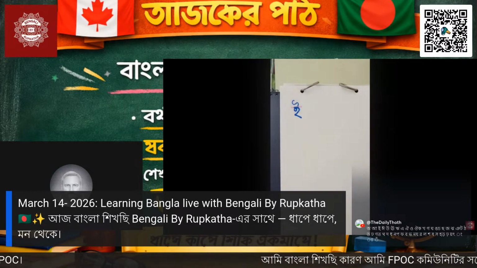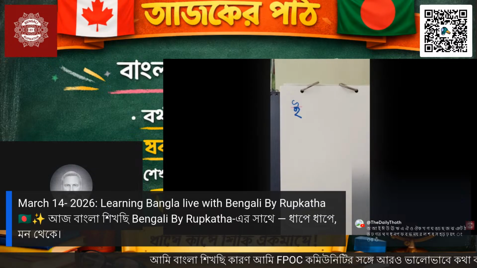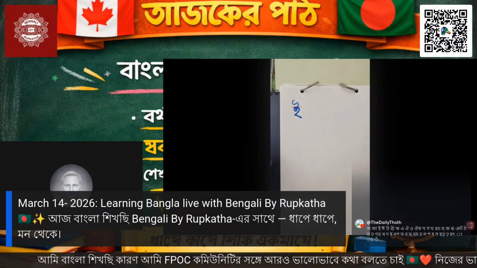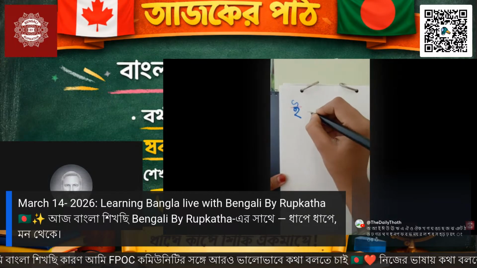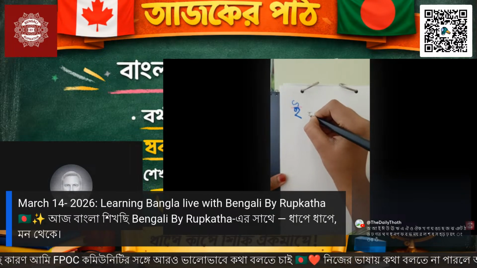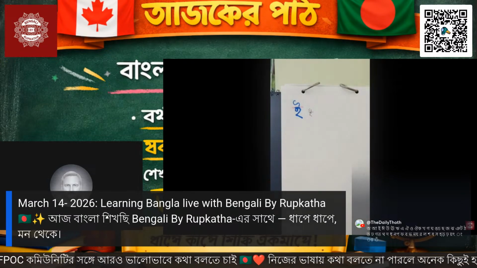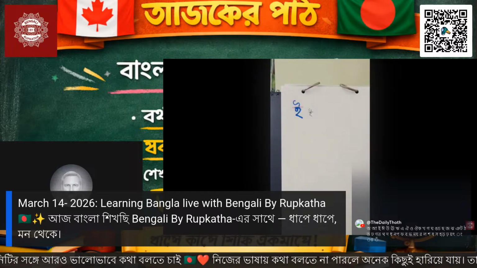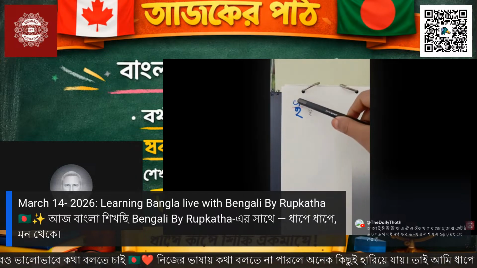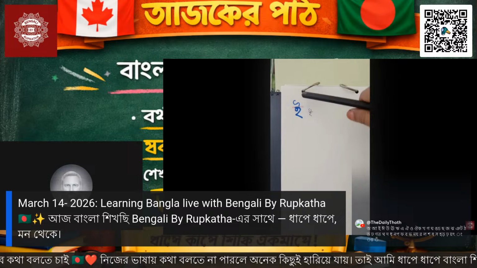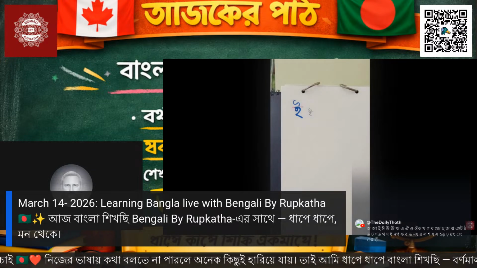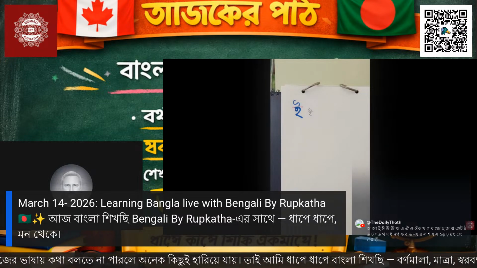That's our next Shorovarno. This Shorovarno is E. Let me write it with my pen here. Matra, E. As you can see, there is one part of the E that is coming up from the matra. It is above the matra when you write it. That is fine.